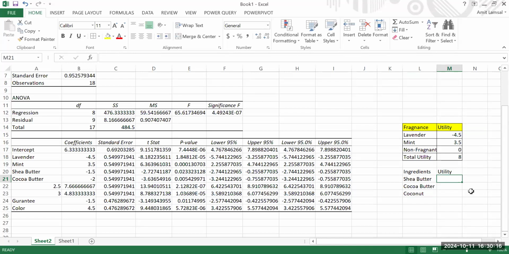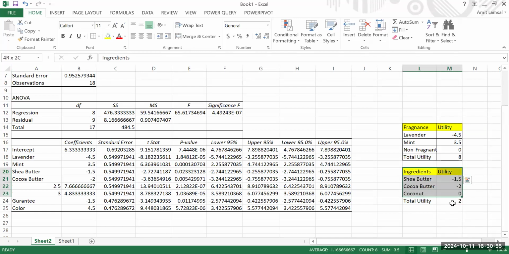For shea butter, we have -1.5 coefficient. For cocoa butter, we have -2. And for coconut, we have 0. So the total utility will be, like as I said, highest minus lowest. Here the highest is 0 because both the values are -2 and -1.5. So in terms of the negative value, the most negative value between -2 and -1.5 will be -2. So our answer will be the total utility of 2.